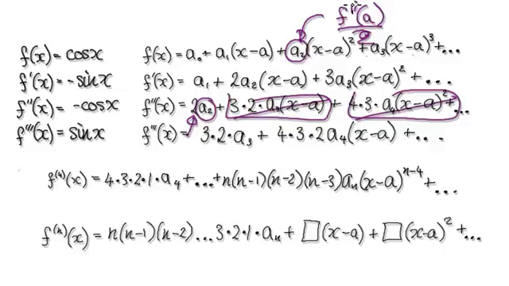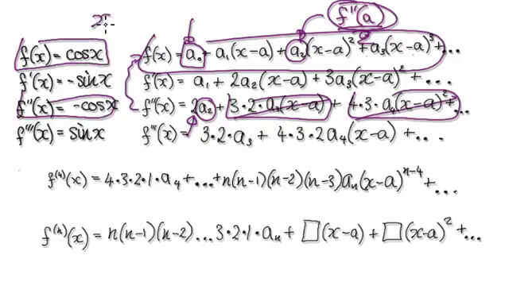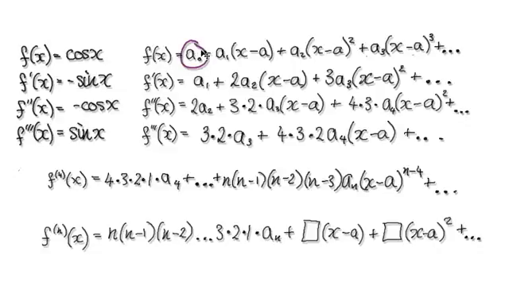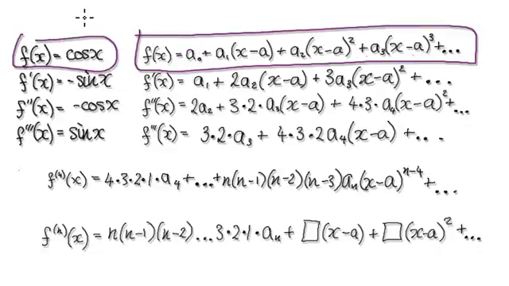Remember, you can obtain f double prime evaluated at a by using this. And then for this one here, you would demand the original function of this match up with the original function of this evaluated at x equals a. So to figure out the first coefficient, we demand that the original function match up with the original function at x equals a.